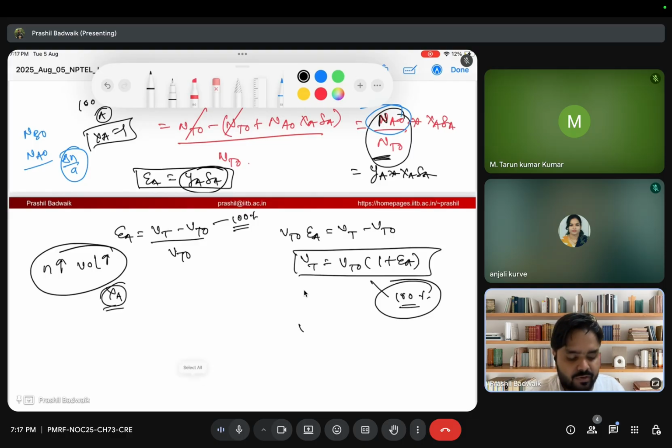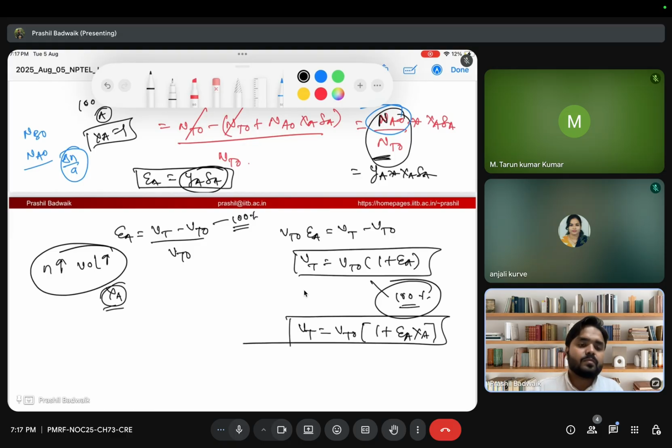Okay, so this will be Vt is equal to Vt naught into 1 plus epsilon A into X. So this is the value. Similarly, we can also write Vt is equal to Vt naught into 1 plus epsilon B into XB. So these are the various formulas that you can use.